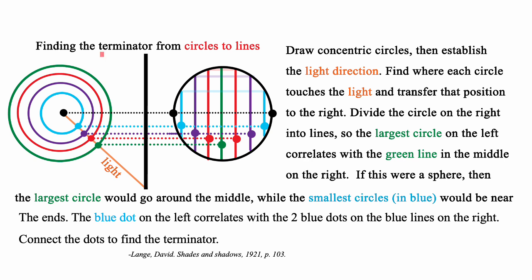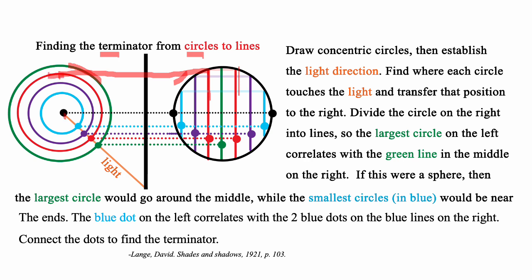This shows you how to find the terminator of a sphere, going from circles to lines. So this first sphere, the green one, is made up of concentric circles. And the second one is made up of lines that represent vertical circles that we're seeing head on. And we know that they correlate because, for example, this red circle, if I could draw a straight line, would go to these two red lines that are the same size as this red circle.